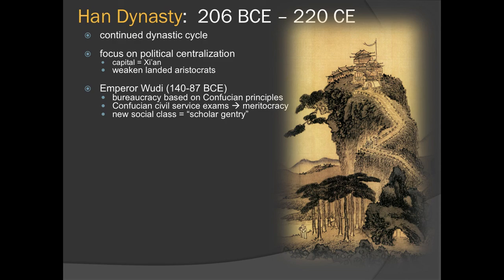Han Dynasty fully embraces Confucianism. Now, legalism technically still around, all right, but we're going to use this as a guide. And in order to become a bureaucrat, a government official who works directly for the emperor, in order to get your job, you're going to have to pass an exam, all right? What's called a civil service exam or Confucian civil service exam.